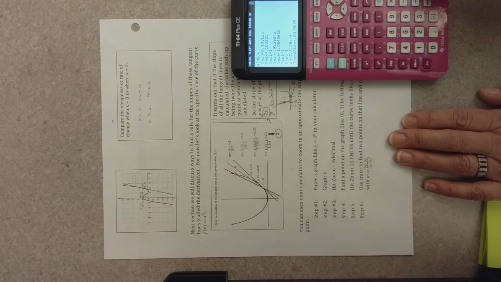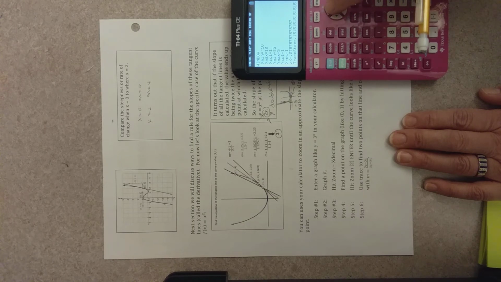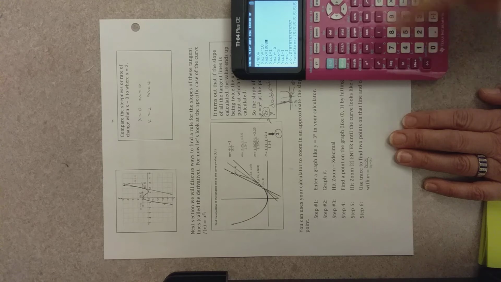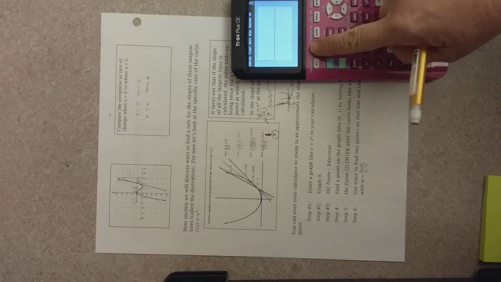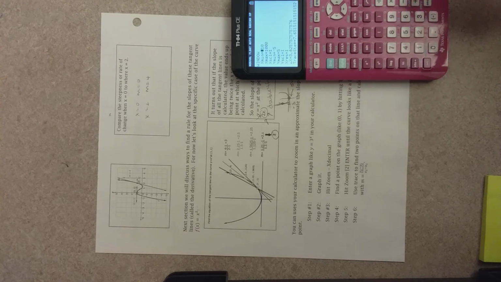So let's get my window better. Negative 10 to 10. Negative 5 to 5. That's not going to be a good one. I'll do that. Okay, so I'm going to graph my function. I did not mean to do that. Okay, so let's try that again.